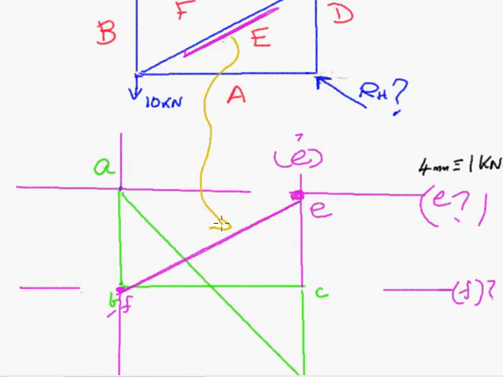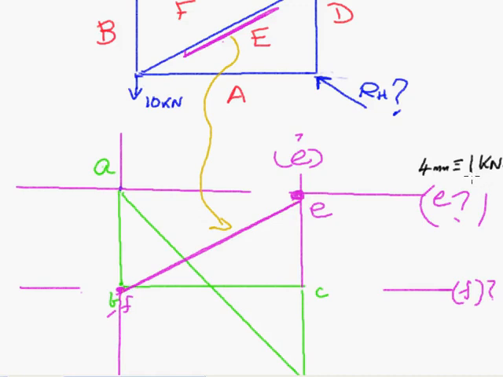Okay, the magnitude of the forces is simply the length of the line. So the magnitude of the force in this member here is simply fe. So you simply measure its length, which I'll do roughly. It's 90 millimeters. So you just use that for the scale, and that will give you the magnitude of that.